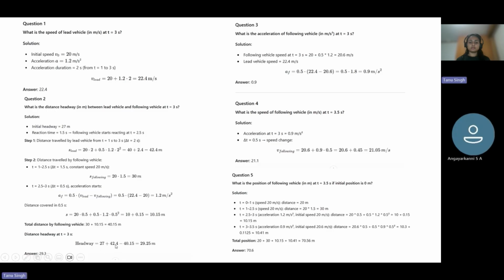So 27 plus 42.4 minus 40.15 is 29.25 meter, the distance headway at t equals 3 seconds. Rounding it to 1 decimal, we get 29.3 meter. So this is the solution for calculating the distance headway between the leading vehicle and following vehicle.